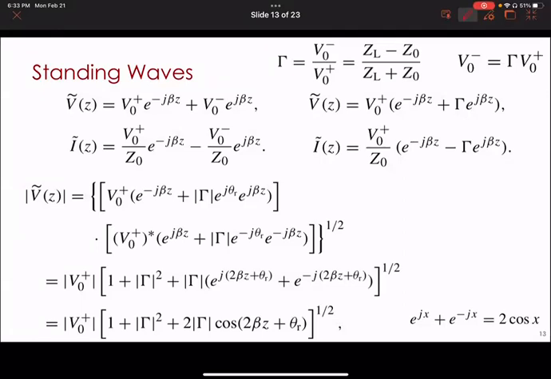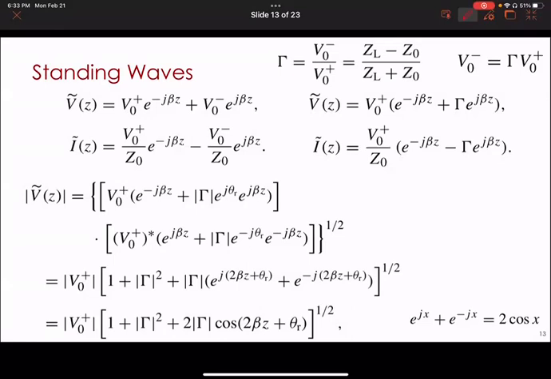So the idea here, what we're talking about, is a reflection coefficient. You have an incident wave. The incident wave hits some load. Depending on what the load is and what the characteristic impedance of the transmission line is, you might get a reflection back. Let's assume you do get a reflection back. It's not like you just sent a few waves down here and then those few waves are reflected back.